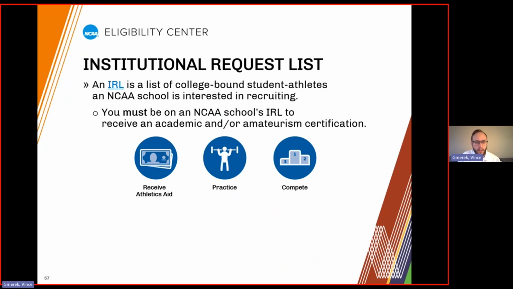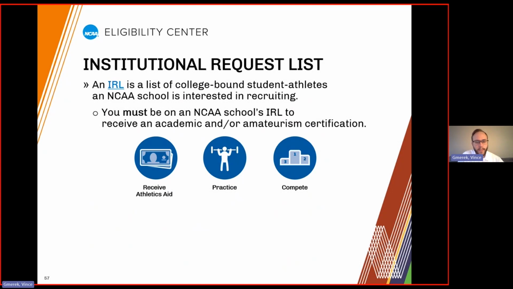For Eligibility Center purposes, the most important thing about recruiting is being added to what's called an institutional request list. Sometimes this is referred to as an IRL. An institutional request list is an indicator in our system that you're being actively recruited by an NCAA school. Very, very important for our purposes that we do not attempt certifications on Eligibility Center accounts until students are added to active IRLs.